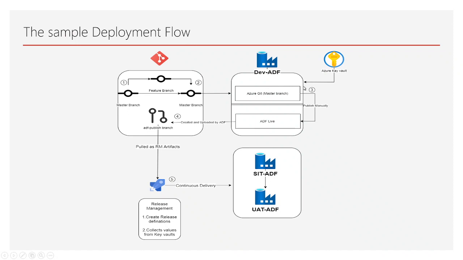Once we push everything, it will be shown in the master branch of dev ADF. After that, when we publish manually, it goes into our ADF live and all the ARM files are updated in the ADF publish branch. Once the ADF publish branch gets updated, it generates the new artifact in our continuous delivery pipeline.